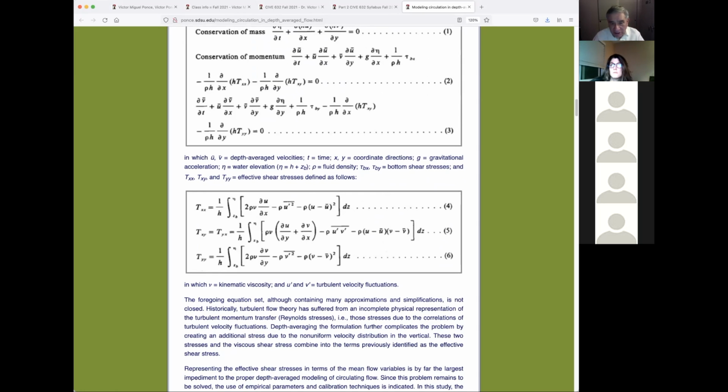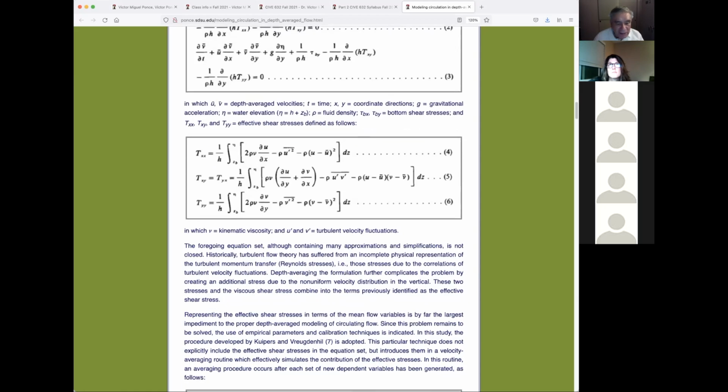But the problem is these equations cannot be solved, or they're not determined, because they have turbulent velocity fluctuations in here, and they have this formula in here which accounts for the non-uniformity of the velocity distribution, and it's an integral between the bottom and the top. So these would have to be resolved, all of the components, before you plug them back in here, and they hadn't been done at the time.